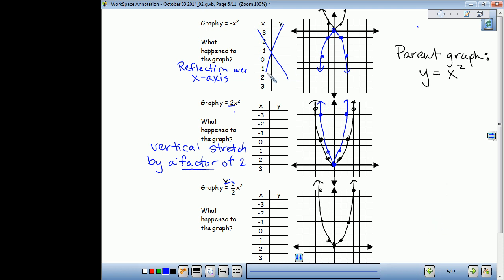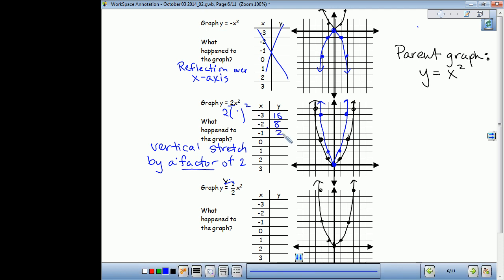So let's see if I would have gotten these same points if I plugged it into the table. This is 2 times, and this is where everything goes in parentheses. So negative 3 squared is 9. 9 times 2 is 18. Won't even fit. Negative 2 squared is 4. 4 times 2 is 8. Is there a point on my blue graph at negative 2, 8? Yes, there is. Negative 1 squared is 1.